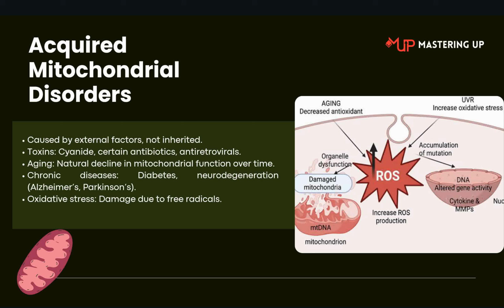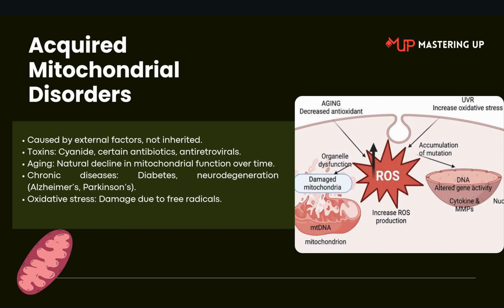In the illustration, you can see the UVR, which increases the oxidative stress, leading to ROS production, that is increased ROS production.